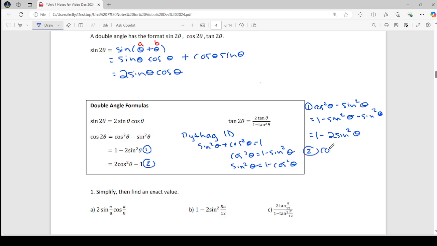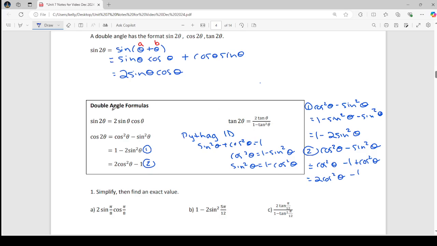And for the other version, if I just want it in terms of cos, I'm going to replace the sine squared. I get cos squared theta, and careful, I'm subtracting here, so minus 1, and then minus the negative, so plus cos squared theta. You get 2 cos squared theta minus 1. And so this is how the other formulas come about.